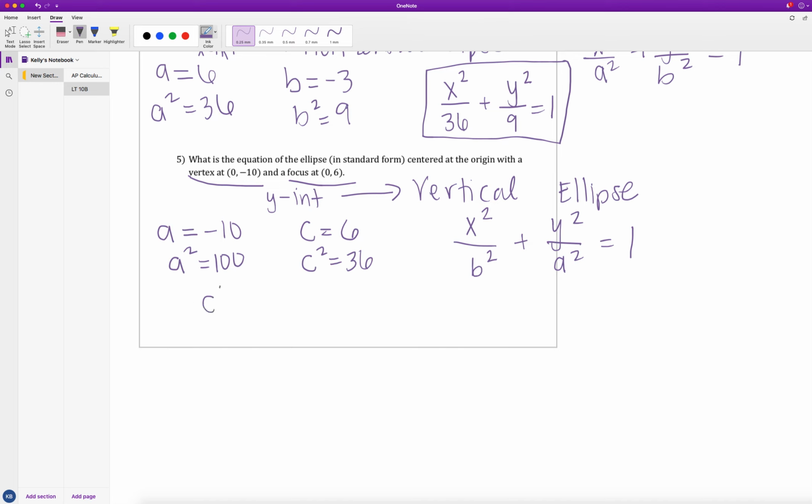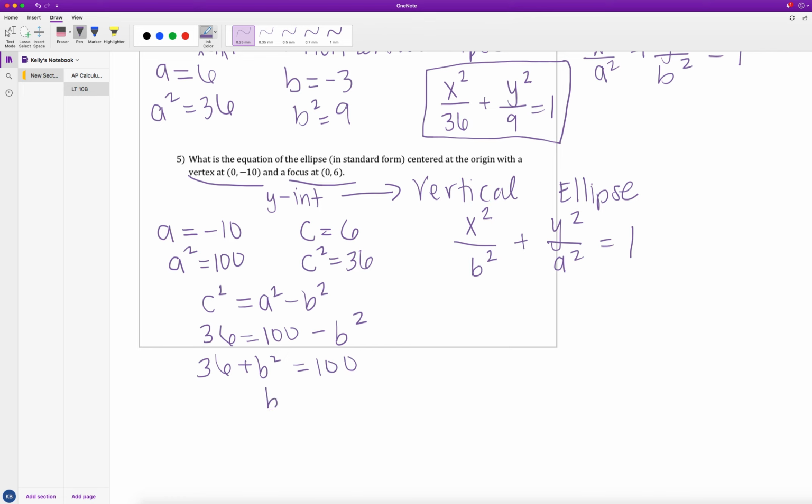So going back to our trusty equation, c squared equals a squared minus b squared. I know that 36 is going to be equal to 100 minus b squared. Now I'm trying to isolate b squared. So if I add it to the other side, I get 36 plus b squared equals 100.